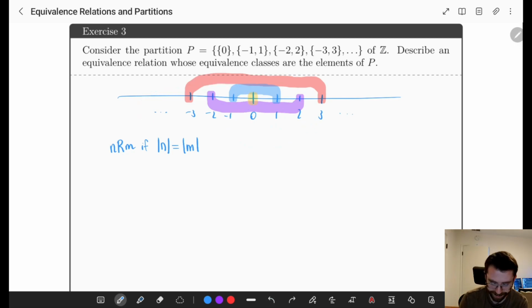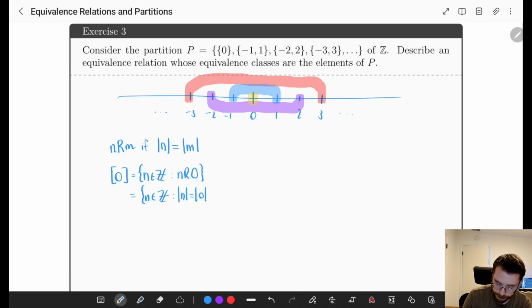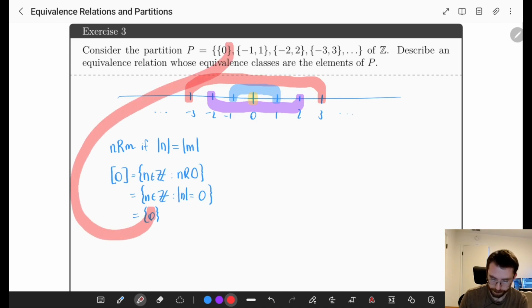It's perfect. And you can check, you could say the equivalence class of 0 would be the set of all integers such that n is related to 0. According to our definition, that means absolute value of n equals absolute value of 0. Of course, absolute value of 0 is 0. And what's the only integer with absolute value 0? It's 0. So, ta-da! There's that element of the partition.